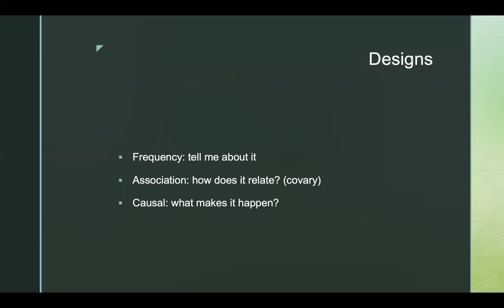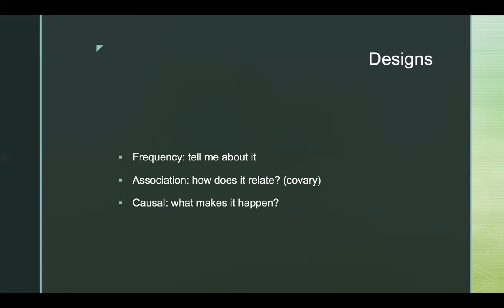How do they co-vary? And then a causal experiment will look at what makes something happen. You have to control the other things so you know that the reason it happened was because of the variable you changed and not because of some other variable. So those are the three basic types of design: frequency, association, and causal designs.